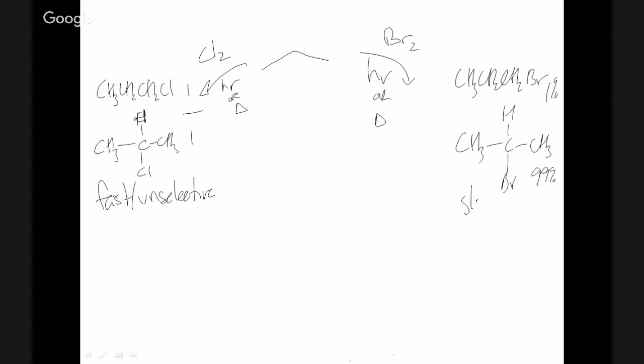Slower, endothermic, selective. Okay, if you want to remember, slow and selective go together. Fast and unselective go together.